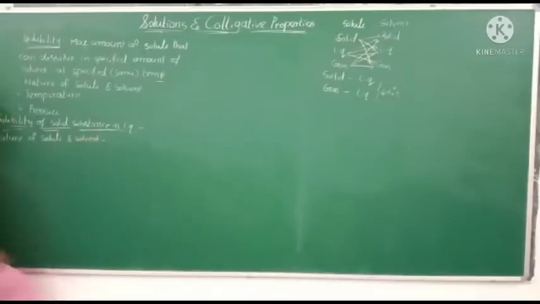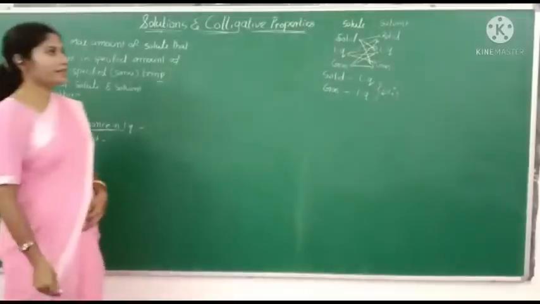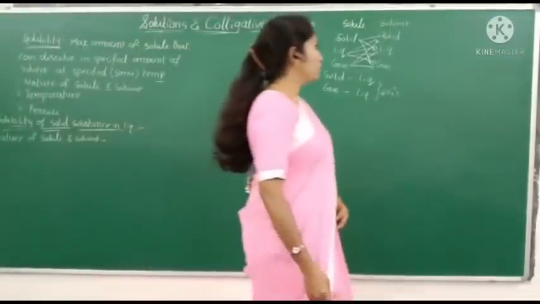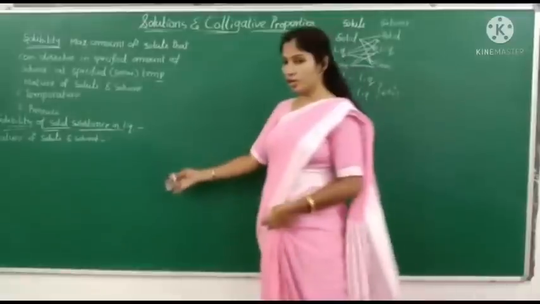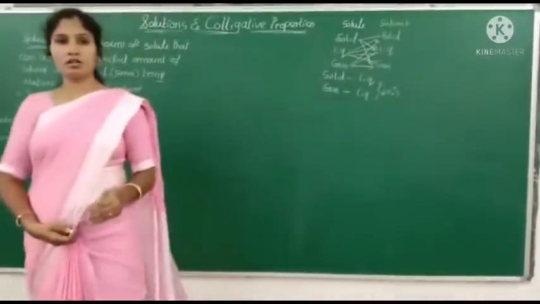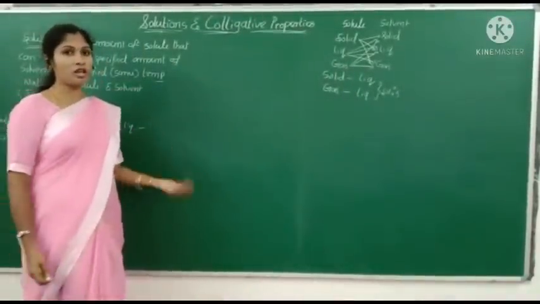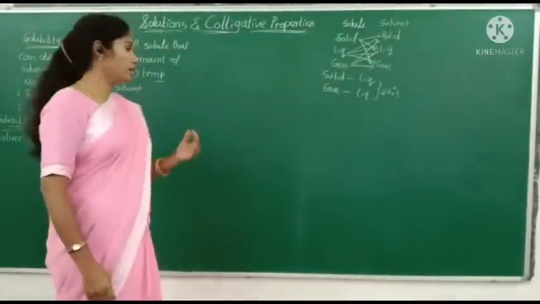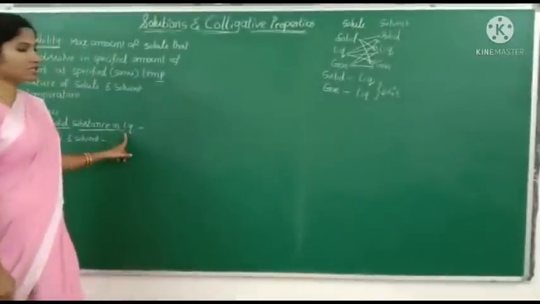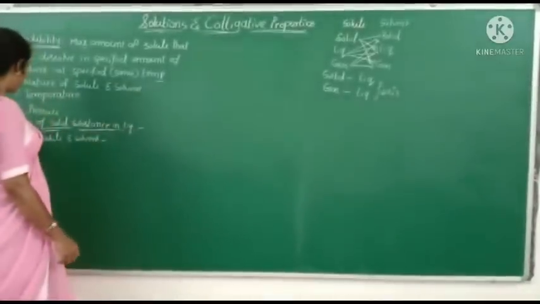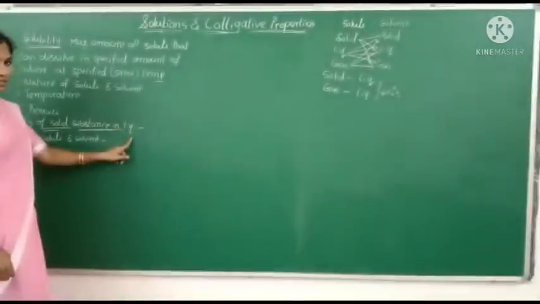So what is in the nature of solute and solvent? Here we are taking the solid solute. In those solids, the solid may be polar in nature or non-polar in nature. In the same way, what is the solvent here? Liquid. Here the solute is solid and the solvent is liquid.